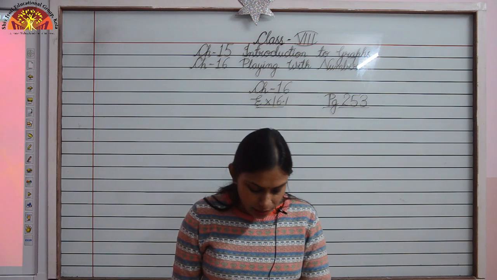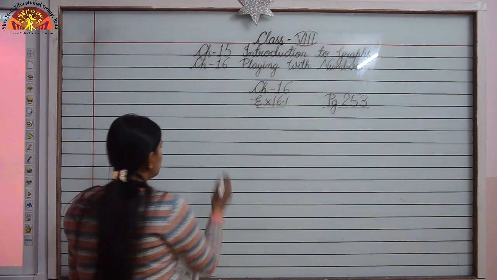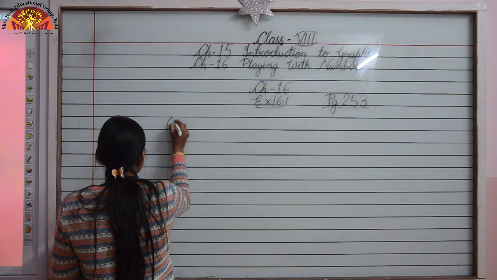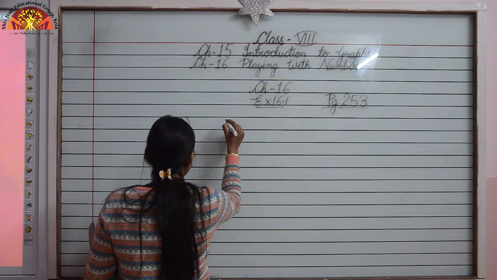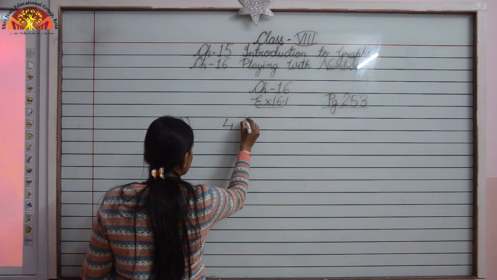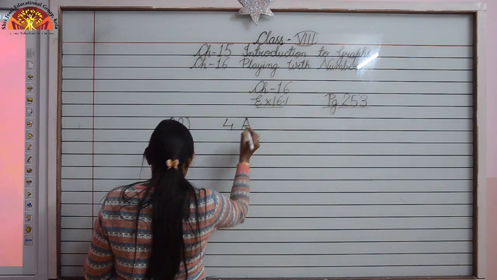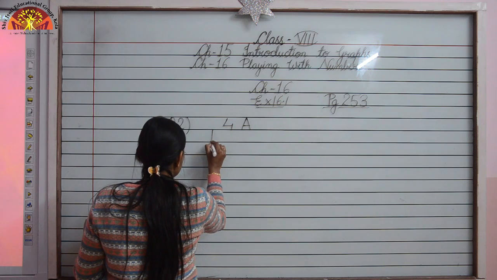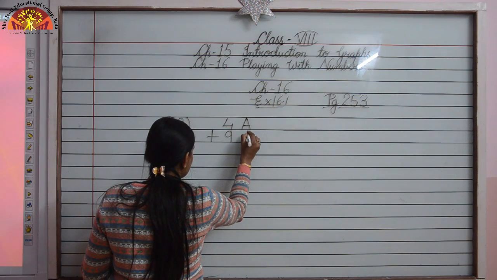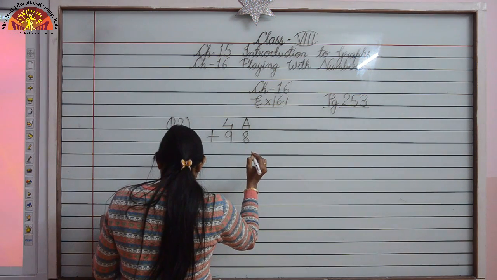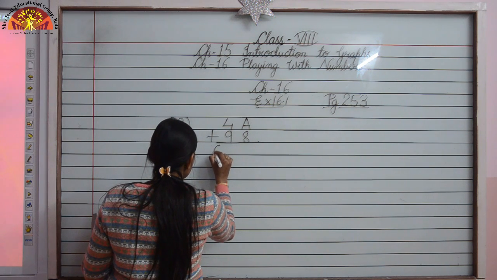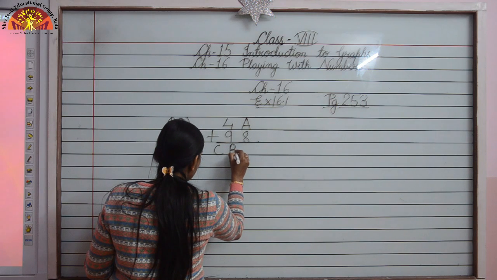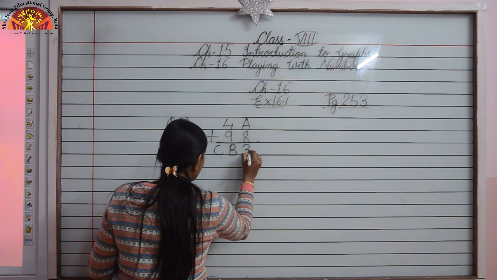So just see question number 2. It is 4A plus 98 and the answer is CB3.